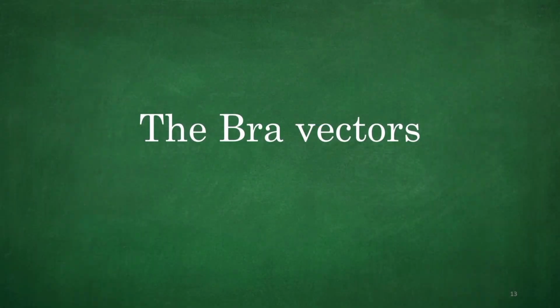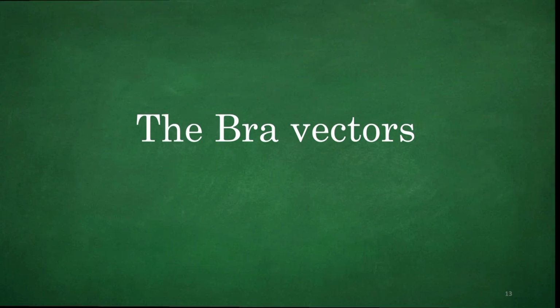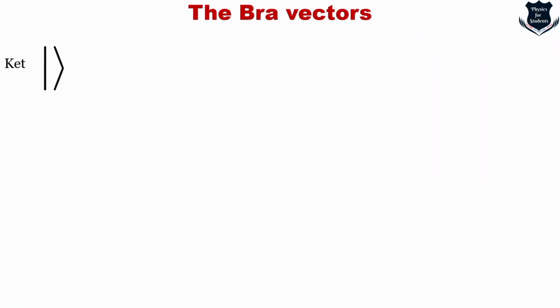Okay, so now that we have understood the different properties of Hilbert spaces, it is time to move ahead and understand the bra vectors, because we need to expand the Dirac notation. We have learned this is the ket, and this is actually the bra.